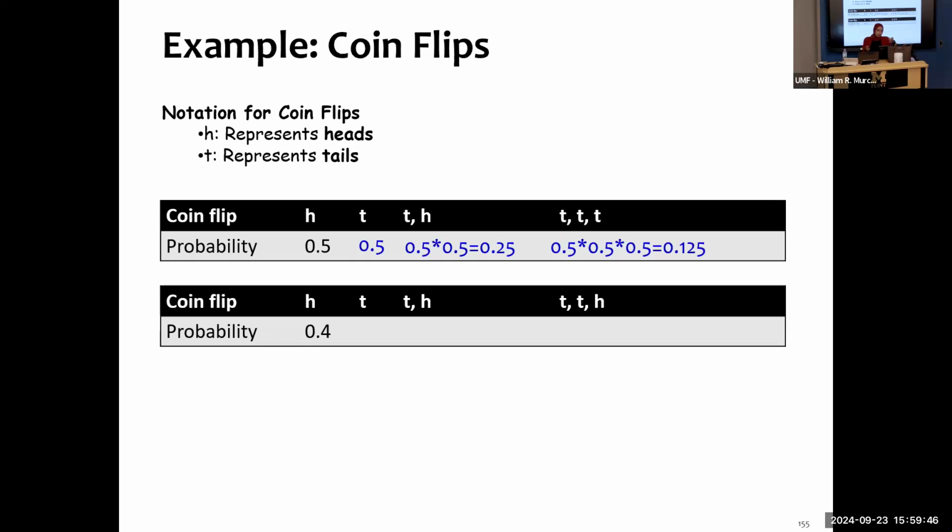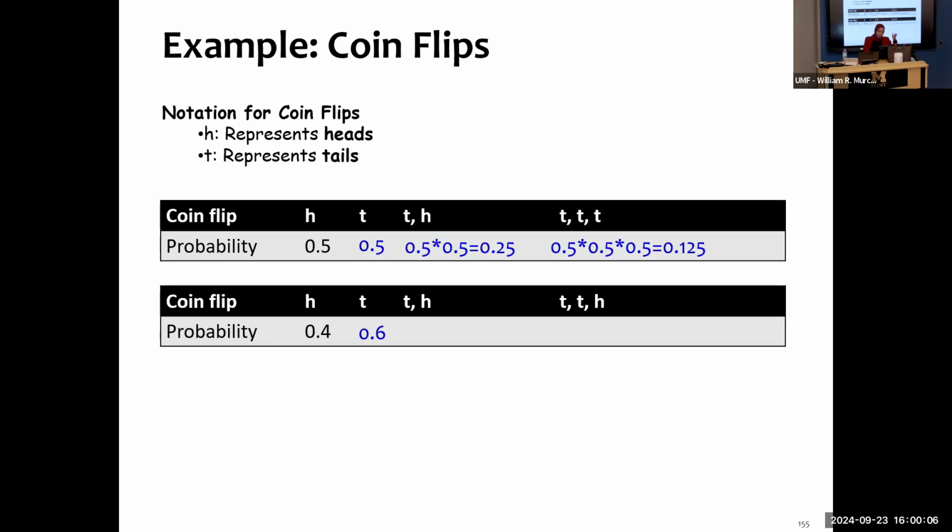Now we have the case where it's more probable to have a head than a tail, or the opposite, a tail than a head. The head is with 0.4, means the tail is with probability of 0.6, which is 1 minus 0.4, okay?